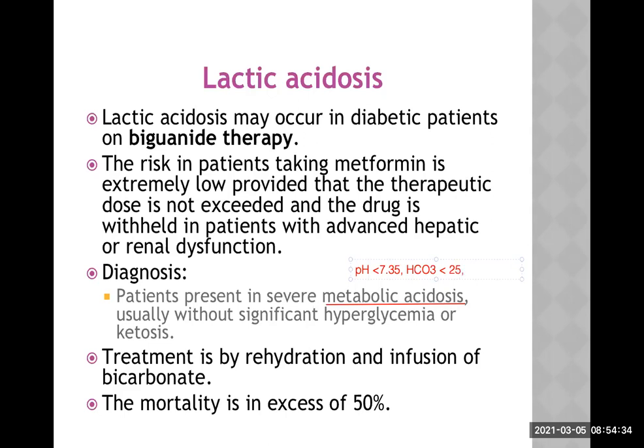And then PCO2, right? We don't need to concern about that because that may be normal or it may be in the outside range. It depends on the situation. So to diagnose metabolic acidosis, we just need these 2 points. Bicarbonate is very low and pH is low. Okay, remember that. And this is because of excessive collection of lactic acid here.